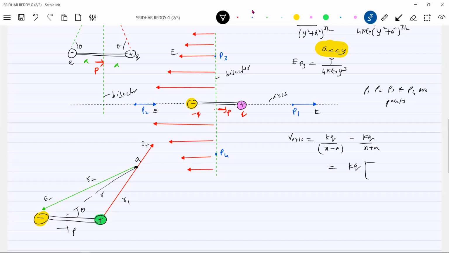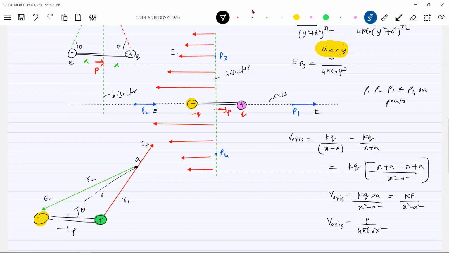So this will be KQ times ((X plus A) minus (X minus A)) by (X square minus A square), which becomes KQ times 2A by (X square minus A square). 2AQ is the dipole moment, so this becomes KP by (X square minus A square), or P by 4 pi epsilon naught X square.